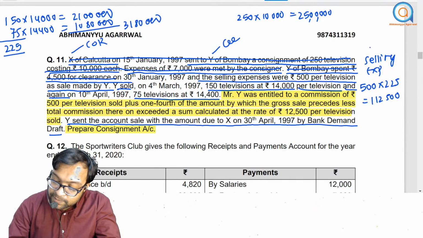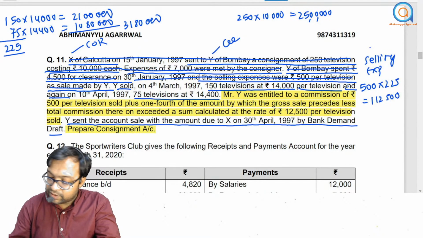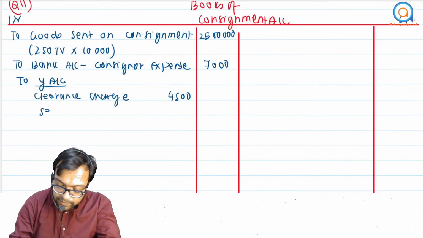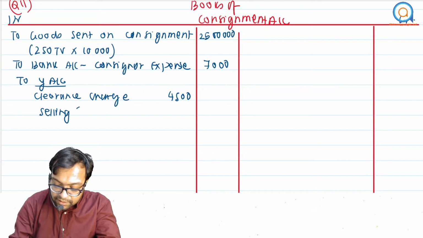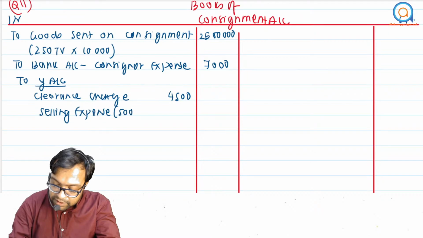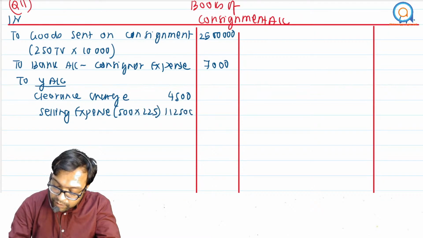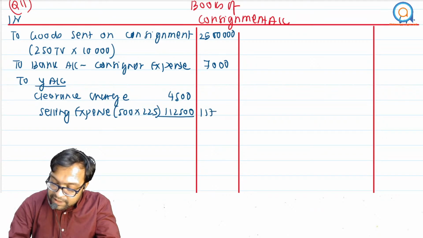And there is one more expense, selling expense, 500 per television sold. But this is a recurring expense. It will not come in stock valuation. 500 per television multiplied by 225 sold, so 112,500. So the total is actually 1,17,000.